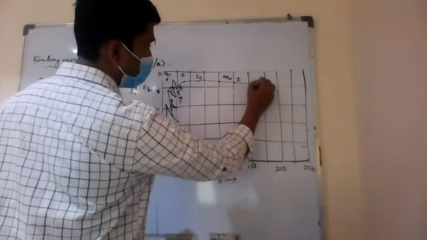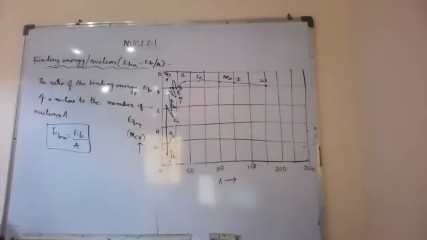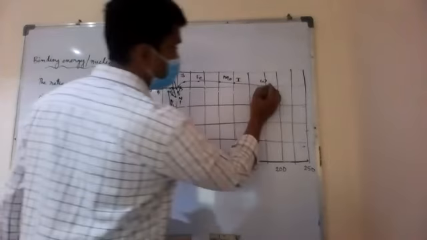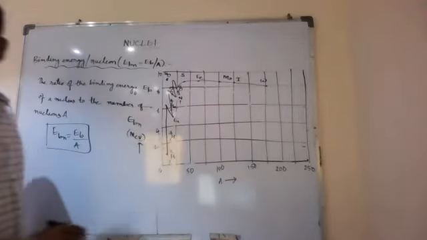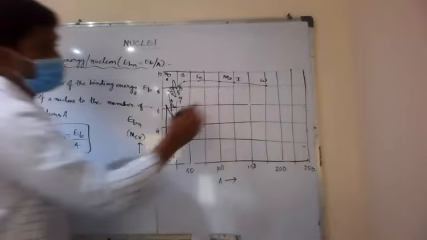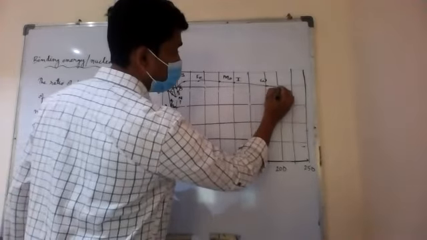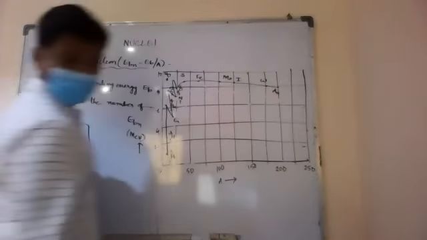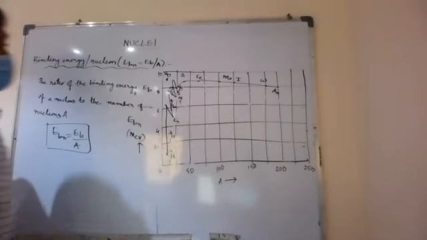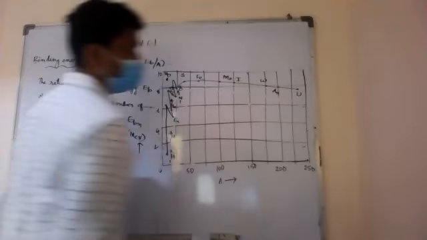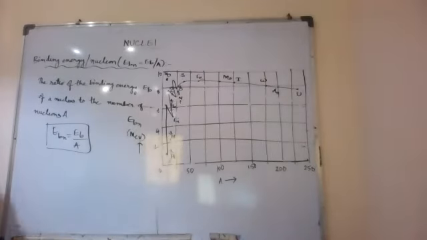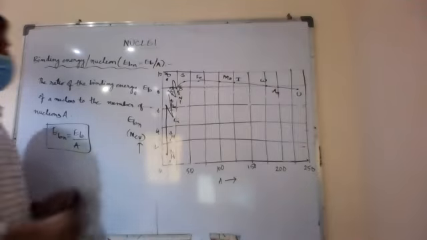S means sulfur, accepted. Fe means iron.